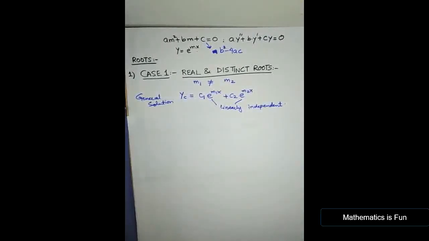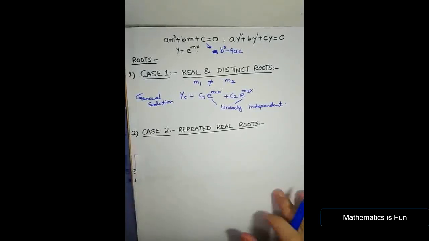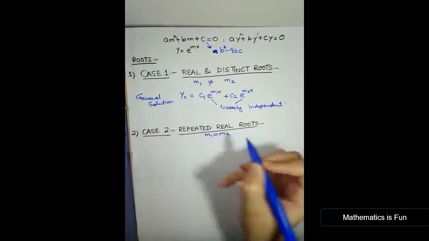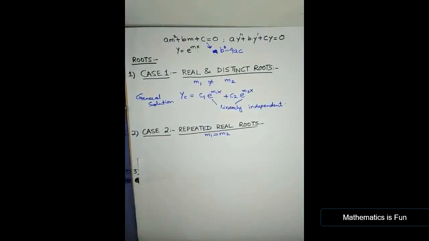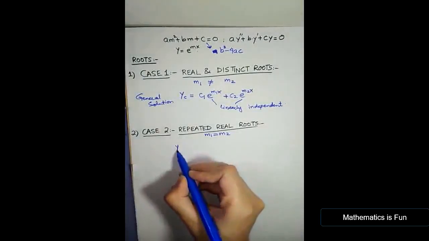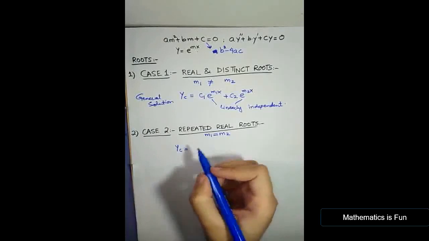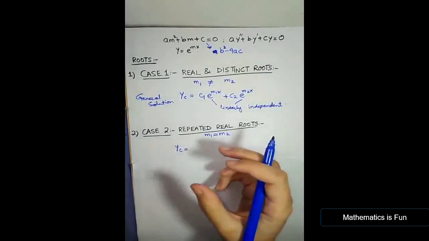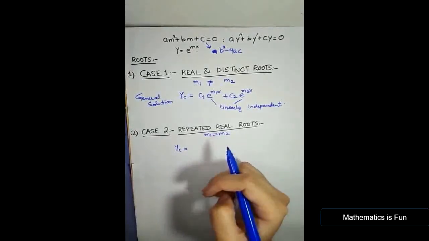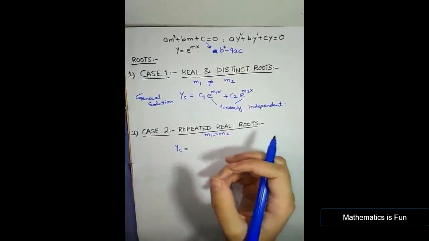So here is case number 1, and case number 2 is real but repeated roots. That means if you have a second order differential equation like this, and if m1 is equal to m2, then which type of solution should it be? I'm not discussing the science behind that, because the science behind repeated real roots is reduction of order.